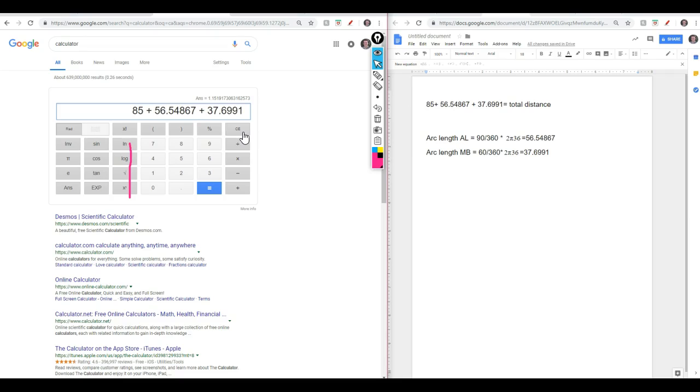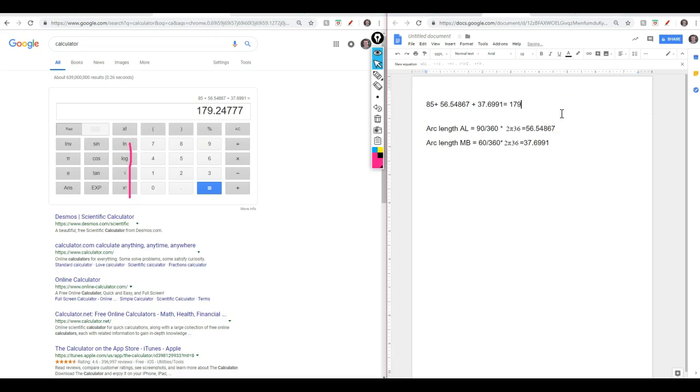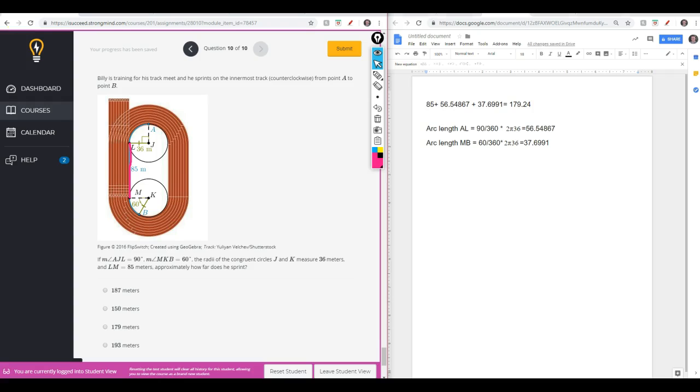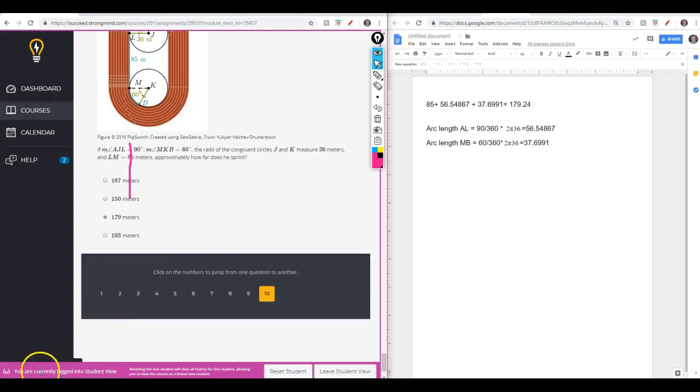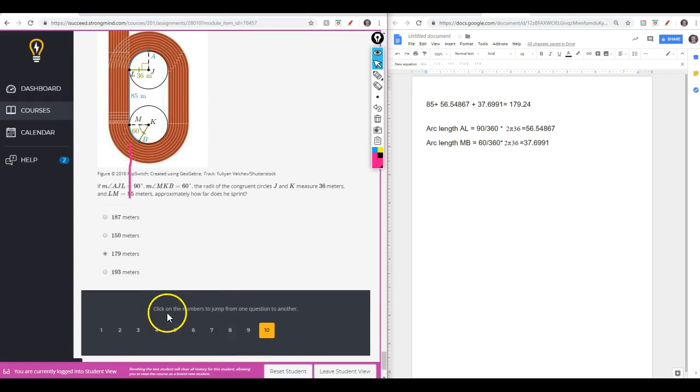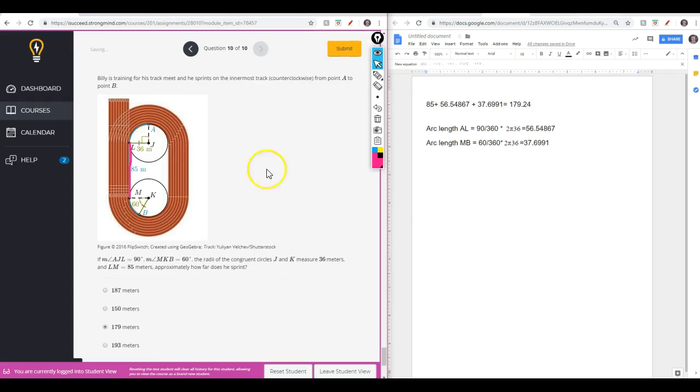The reason I carry out so many decimals is to decrease rounding errors. So the total distance is 179.24, and this is asking for it rounded to the nearest whole meter, so 179. That's how I would use technology to help me answer this question.